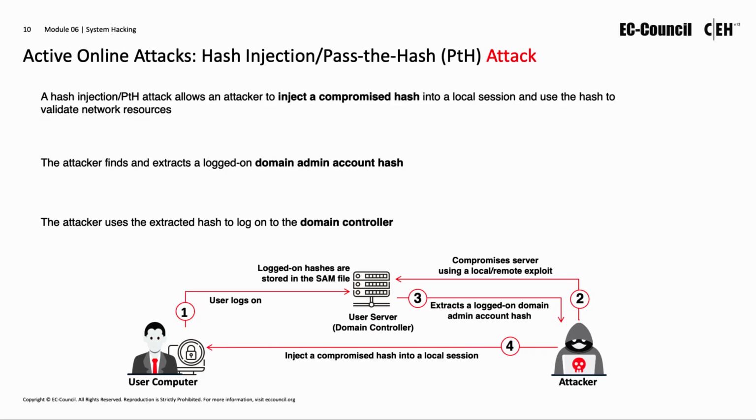And then if you look at the hacker on the other side, he has already compromised that server using some type of exploit. And then he injects hash into that. And now, because of that hash injection, he has access to anything that the user is doing.